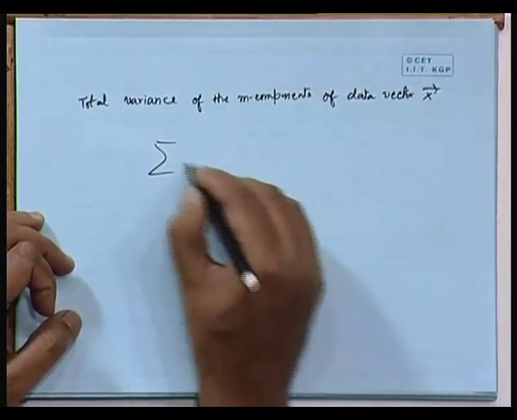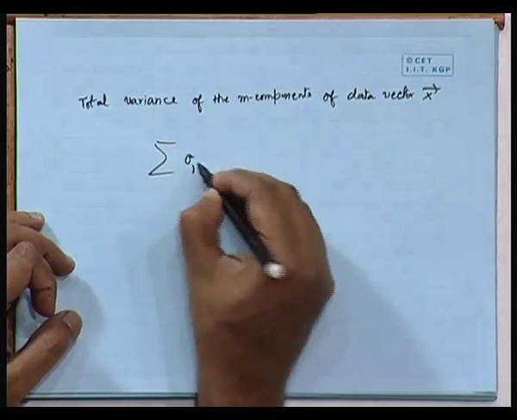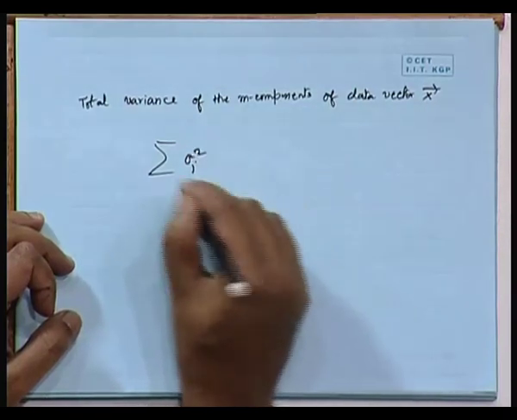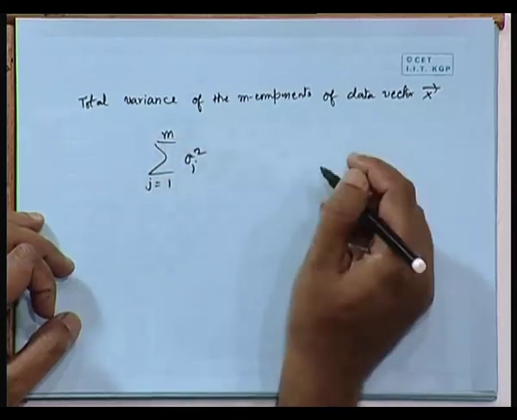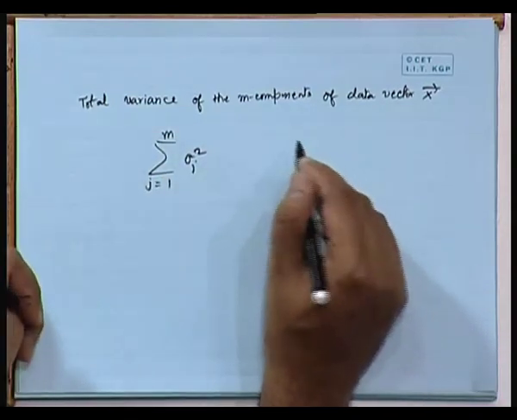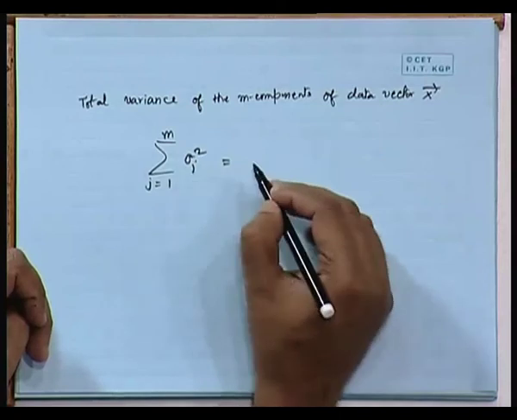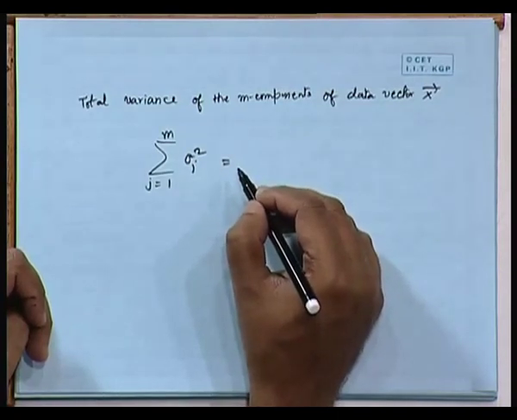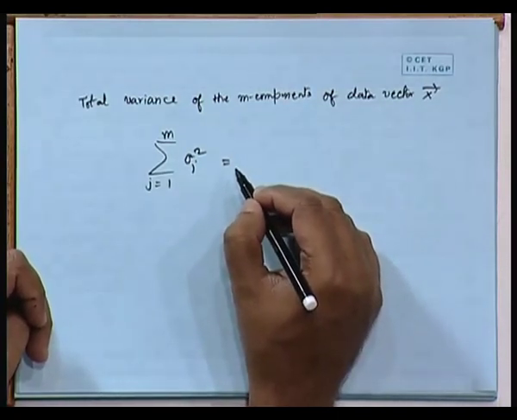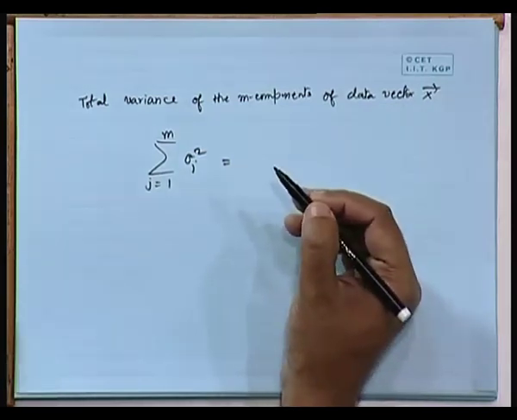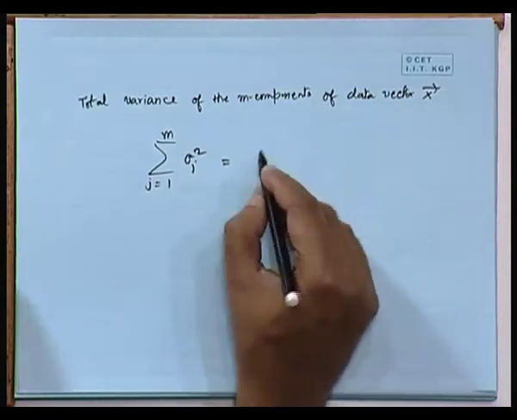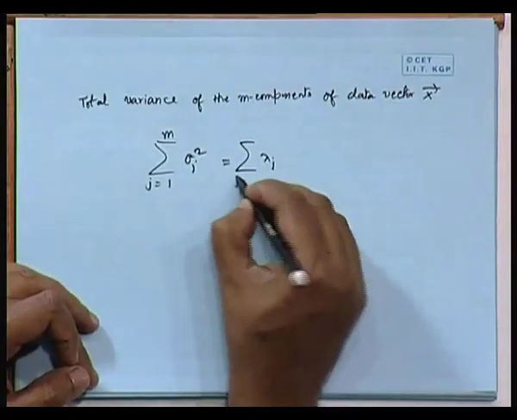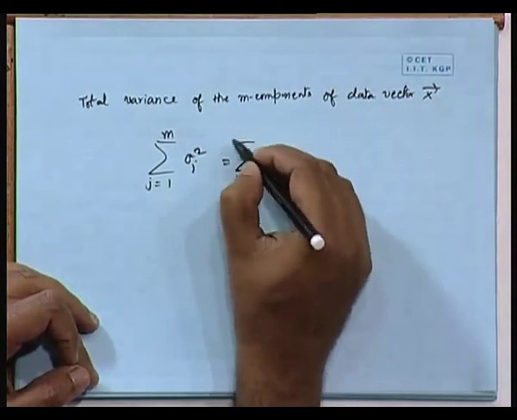That variance we can write as the summation of sigma square j, j equals 1 to m. All right. So, this is the total variance, and what is the sigma square expression for us? Remember, lambda j. For us, the sigma square j's are the same as the eigenvalues. So, this is equal to the summation of lambda j, j equals 1 to m.